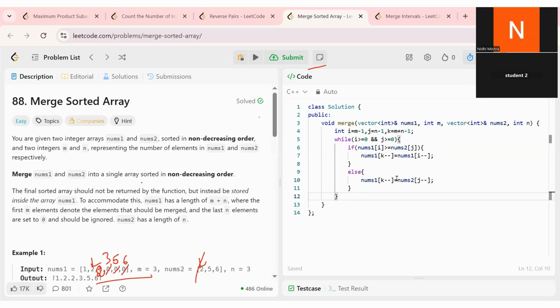After that, anything else required? We have to run another loop. Why? We have to run the loop so that we can insert the rest of j's elements into the array. Yes, very good.